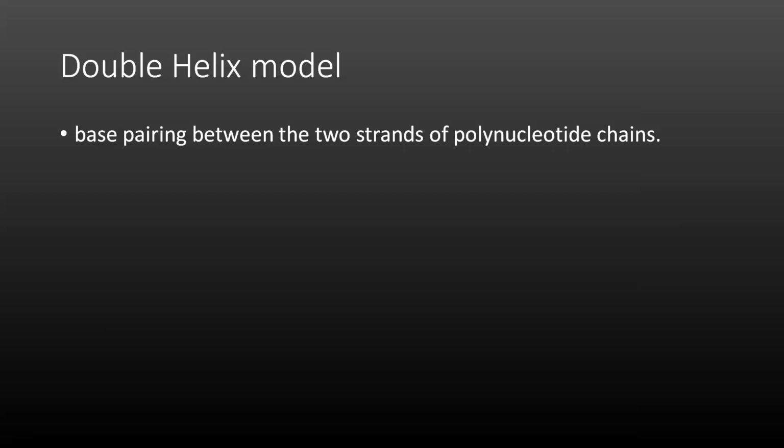So phosphate on fifth carbon, OH on third carbon, and on first carbon there is the nitrogenous base. The nitrogenous base joins the sugar by which type of bond? Glycosidic bonds. Okay, glycosidic bonds.